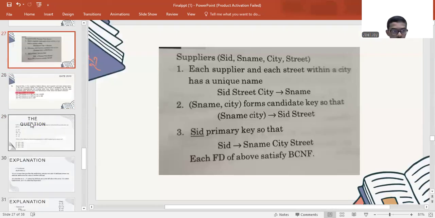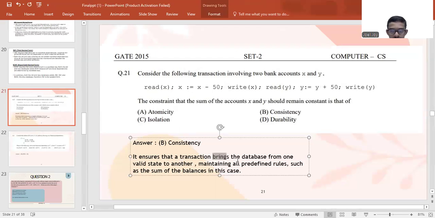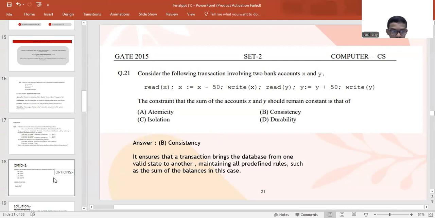Therefore, in our question, it ensures that a transaction brings the database from one valid state to another, maintaining all predefined rules, such as the sum of the balances in this case. All the rules which are implied should not be broken, so the balance should remain as predicted.